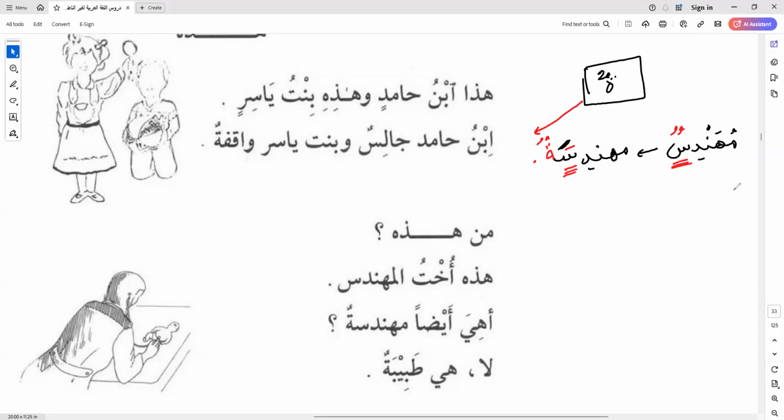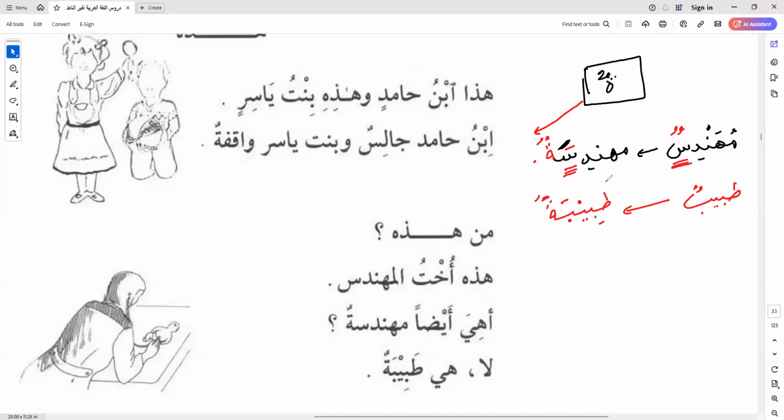So if I have tabibun, what am I going to do? So you can see that tabib, very important. It's no more tabibu. You have to say tabiba.